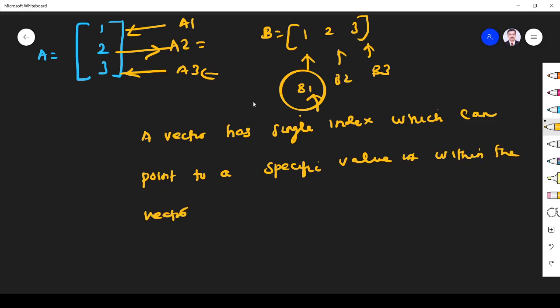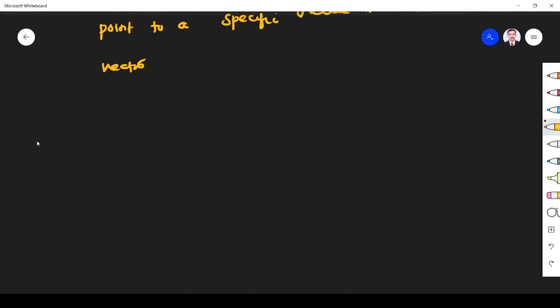So A1 points to a specific value, 1. A2 points to a specific value, 2. A3 points to a specific value, 3. Suppose it is 11, 12, 13. Here B1 points to a specific value 11. B2 is an index which points to a specific value 12. So scalar is a number, vector is an ordered list of numbers.